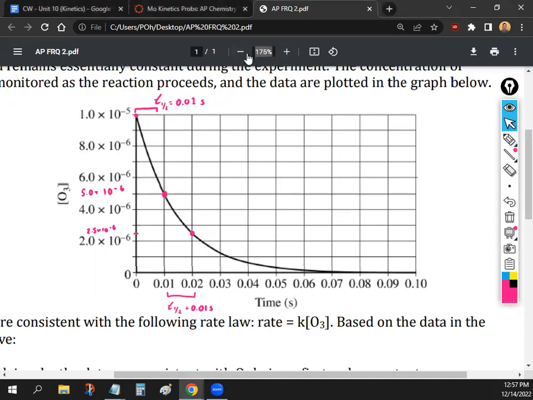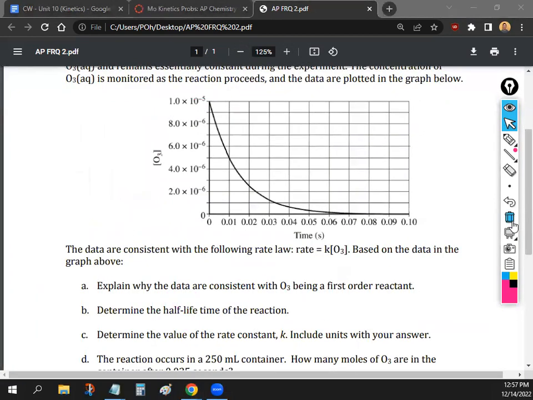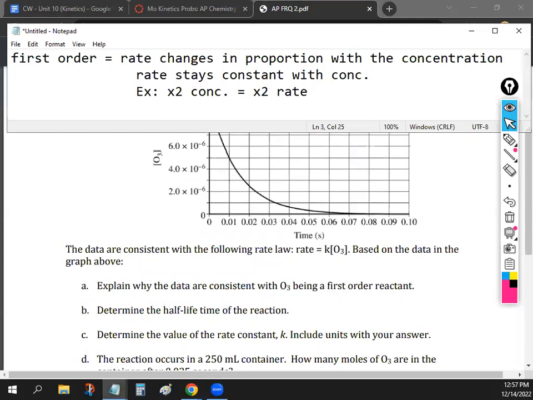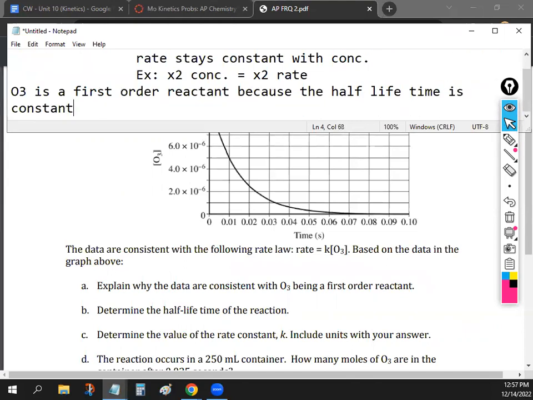The way that we would explain it is that O3 is a first order reactant because the half-life time is constant.